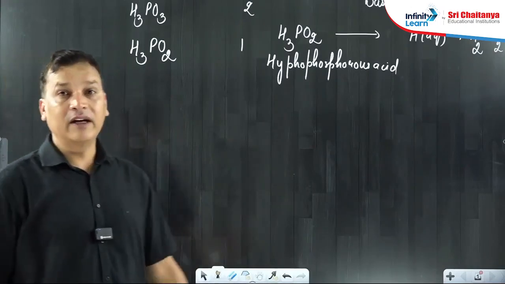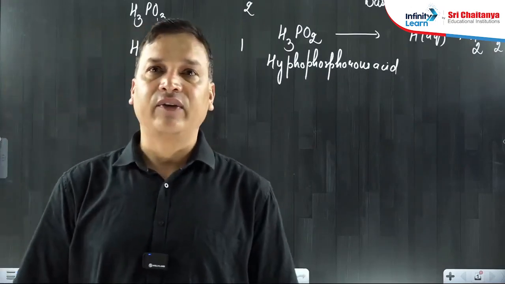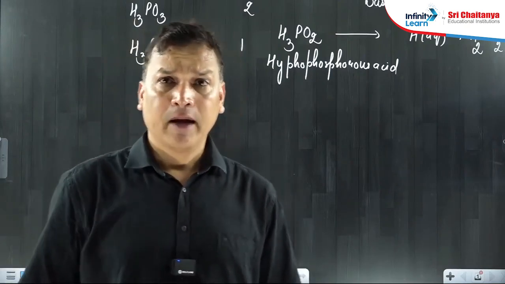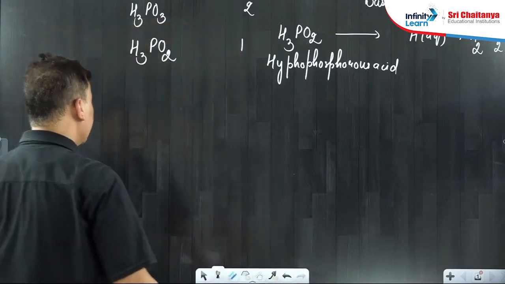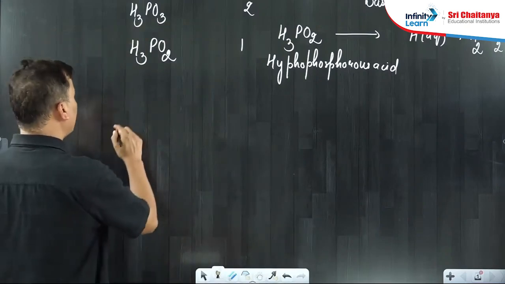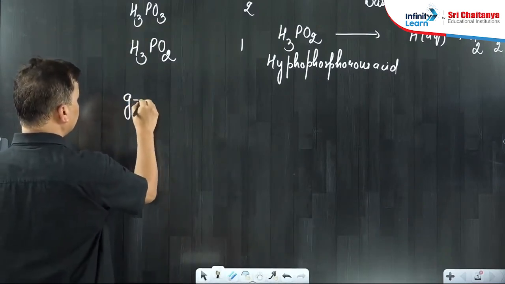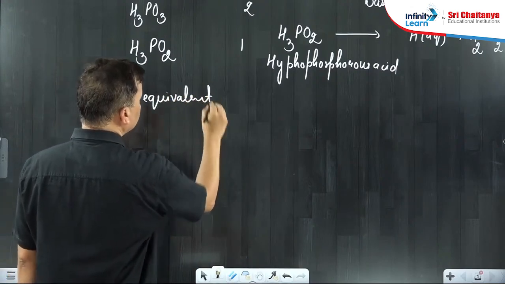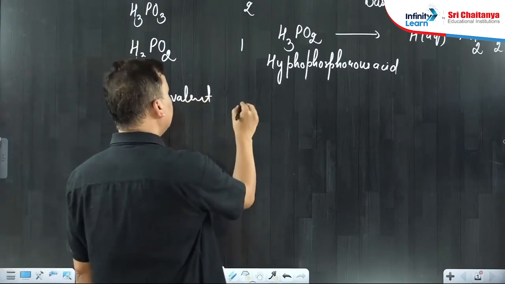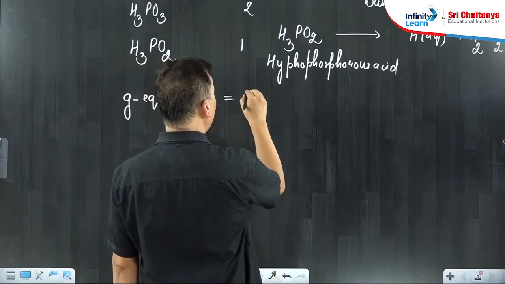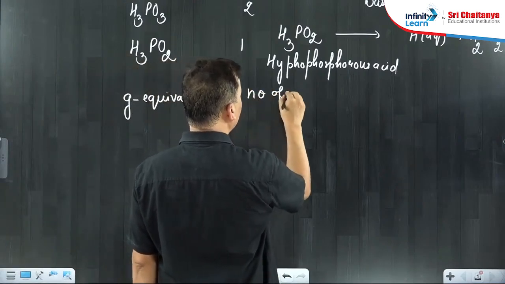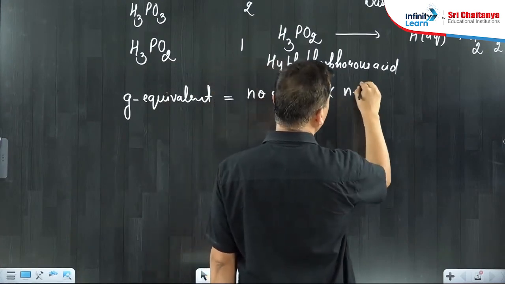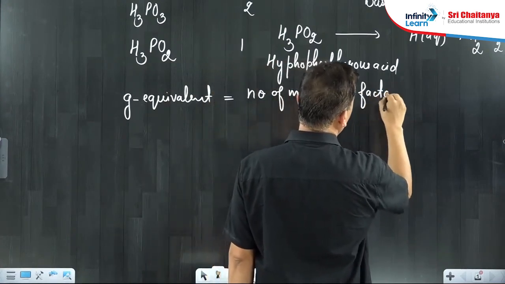Now for what did we calculate this N factor? We calculated it in order to find out the gram equivalent. So my dear friend, what is the gram equivalent? Here I am writing, the gram equivalent of any acid is equal to its number of moles into its N factor.